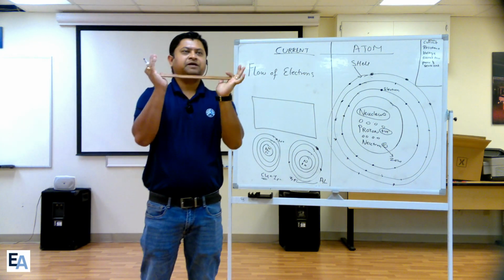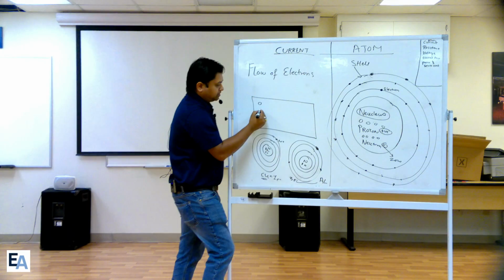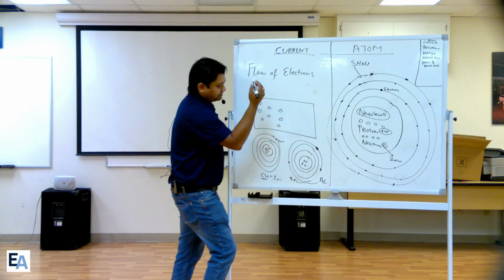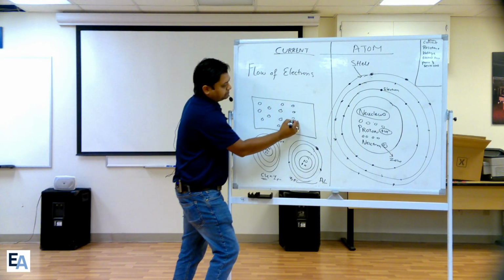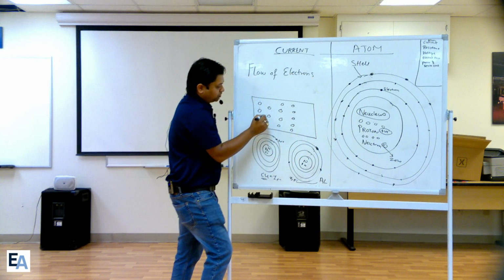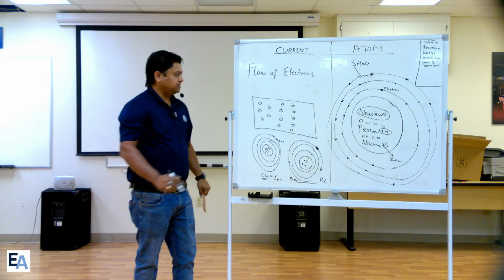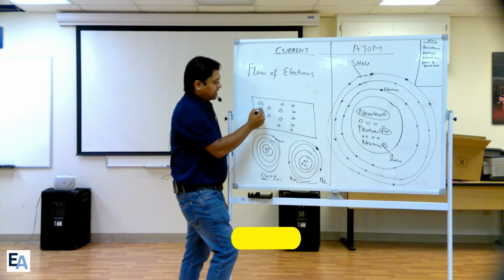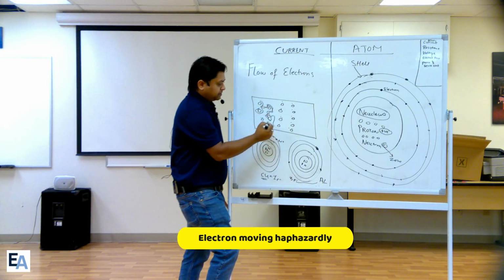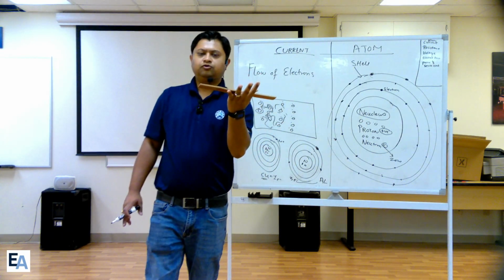But I'm not getting a shock, because once you see the copper bar, now I'm drawing this, it will have maybe trillions and trillions of nuclei like this, and all of them have one electron at the outermost shell. But what it is doing right now is moving haphazardly from here to here, exchanging within itself, moving in a random direction, which is no use to me.